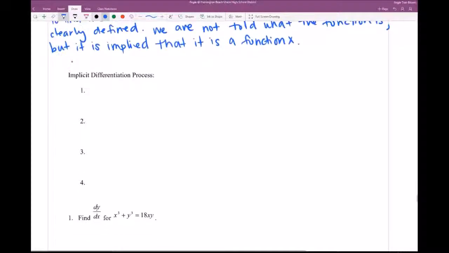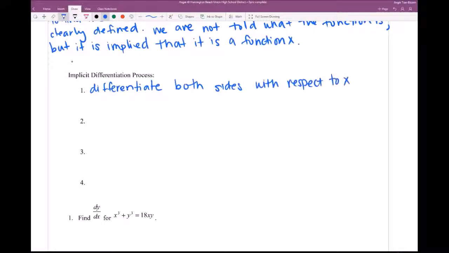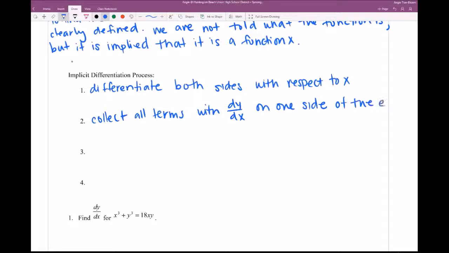So the process is, step 1, differentiate both sides with respect to x. Then step number 2, collect all terms with dy/dx on one side of the equation.